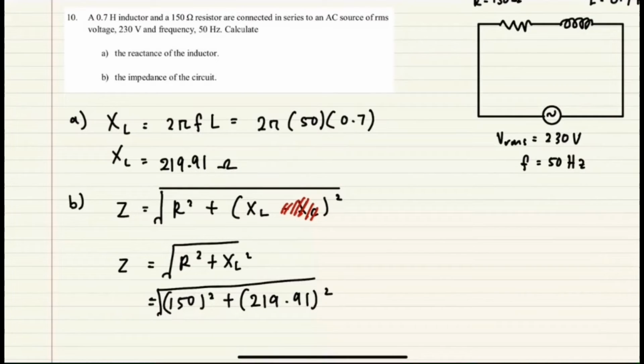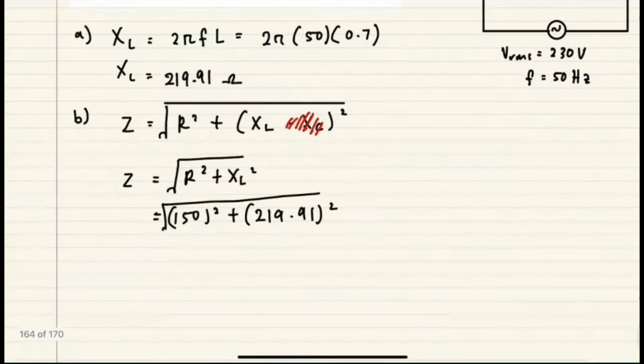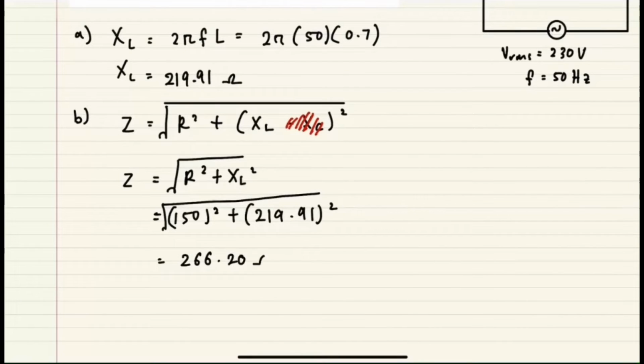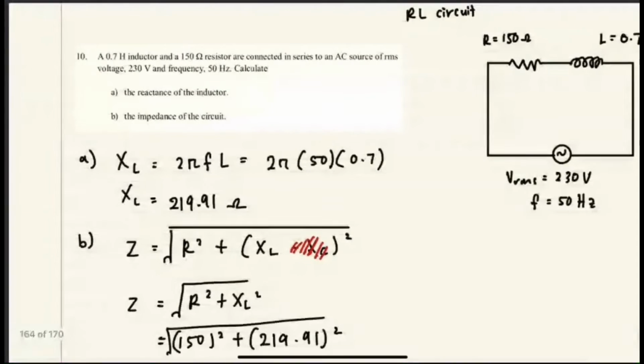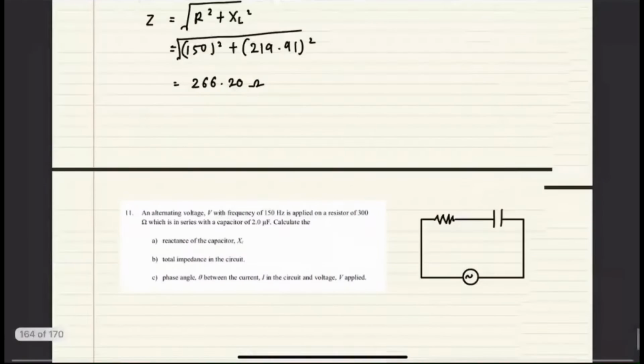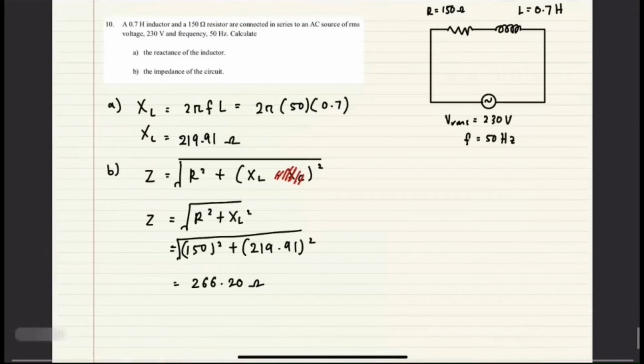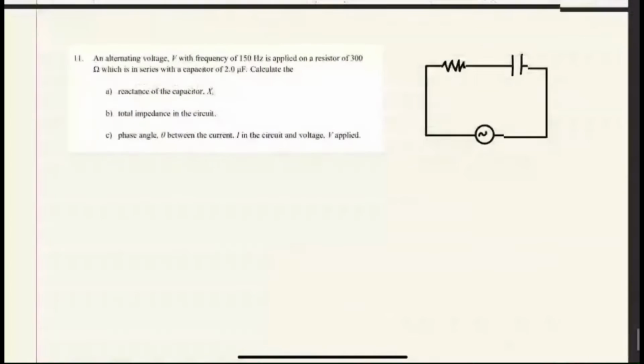So you get 266.196, ataupun 266.20 ohm. Okay, itu dia soalan ni, pendek. Okay, next question. Question number 11.